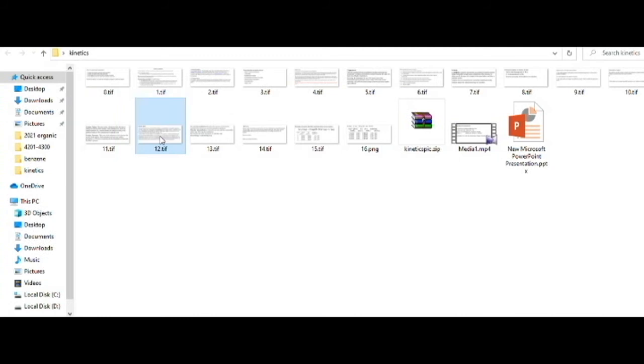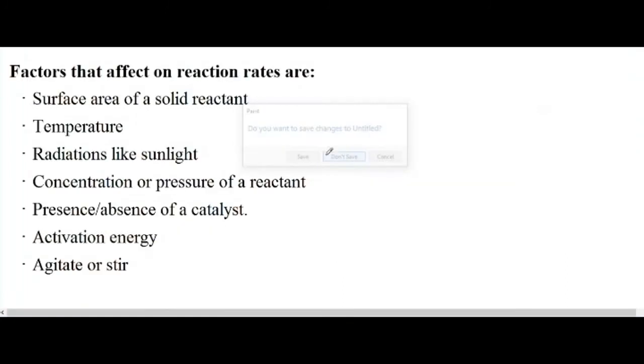Then we discussed the different factors affecting the rate of reaction: how surface area, temperature, and the presence or absence of a catalyst affect it. When we consider radiation, it is very similar.